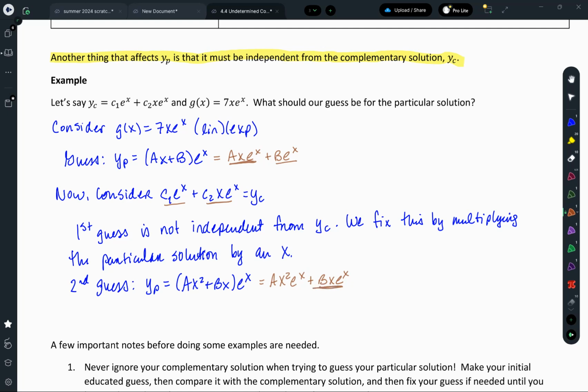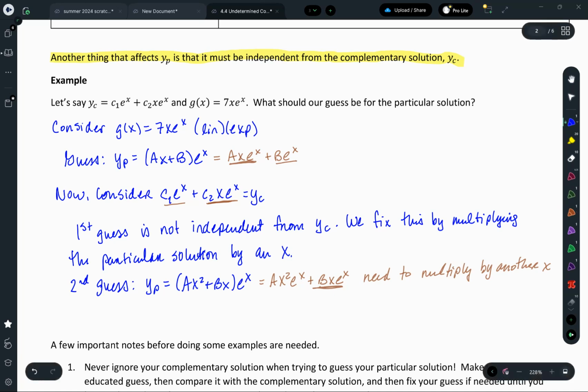Notice the bx e to the x is still the same as the c2x e to the x. So we need to multiply by another x. The whole thing, not just that one part, the whole thing was the standard form for y sub p.